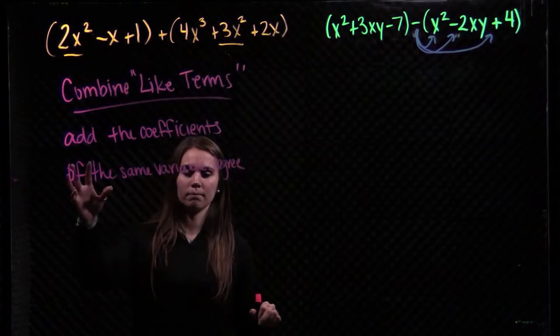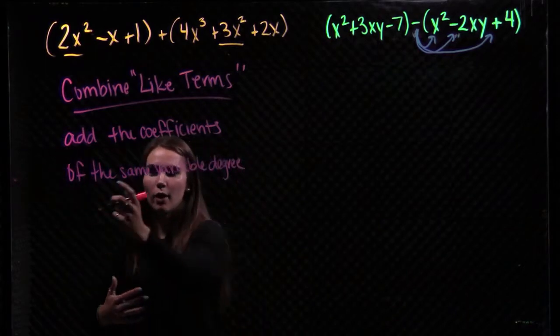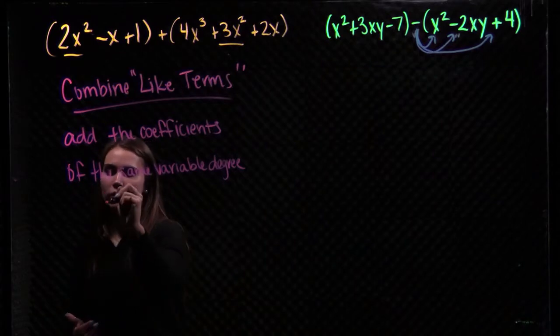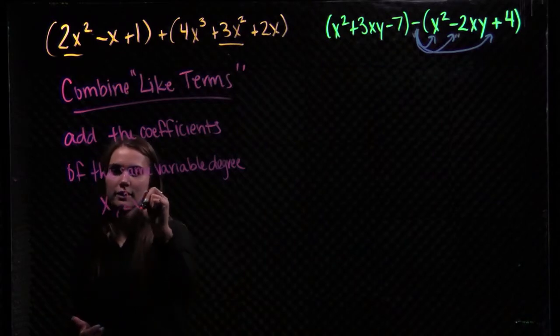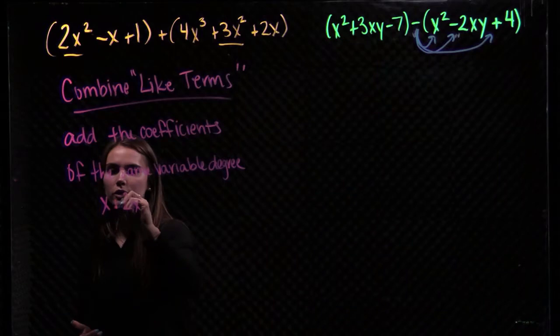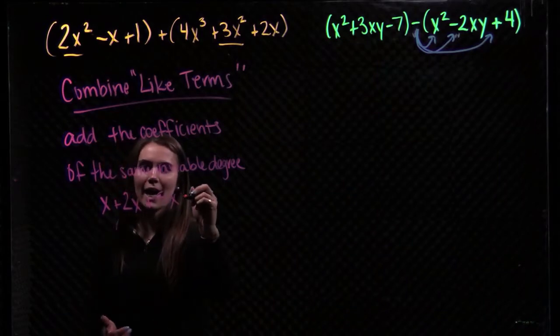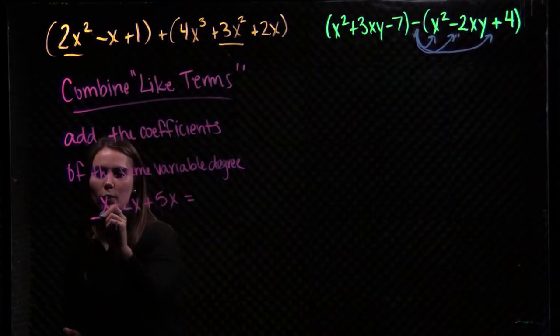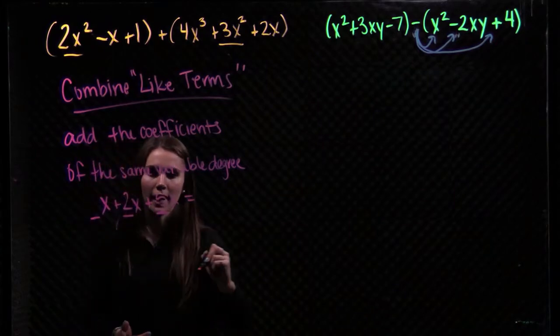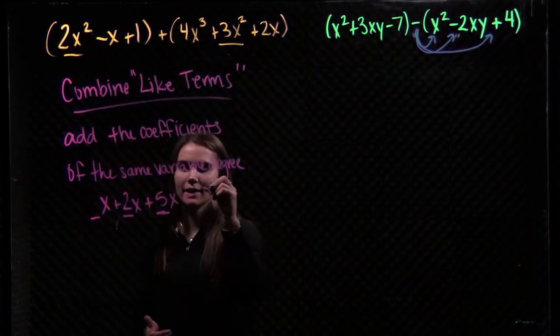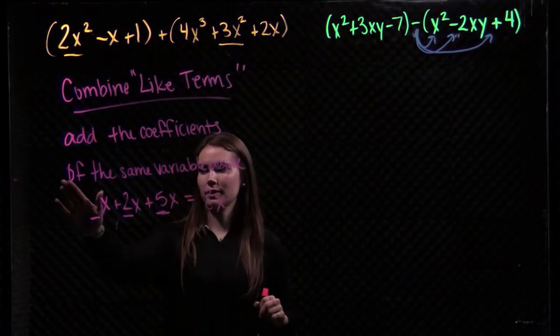You guys know what that means. We just talked about it, but when you have an x and a 2x, plus maybe 5x, then we're going to be adding our coefficients, so our 1, the 2, and the 5. So we're going to have 8x, and it's of the same variable degree.